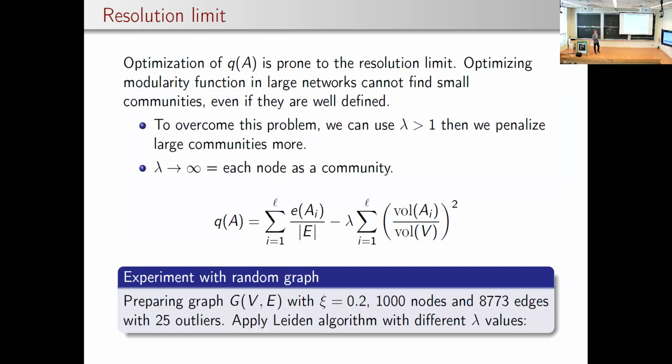We also know that this modularity function is prone to the resolution limit. What does it mean? It means that if we put some parameter lambda in here, we can take the possibility that if lambda goes to infinity, each node is a community.